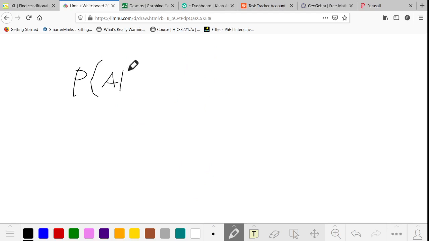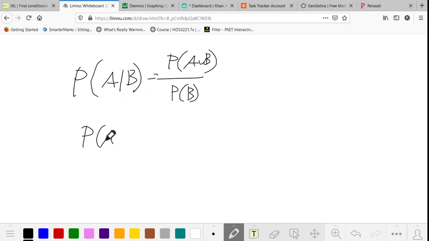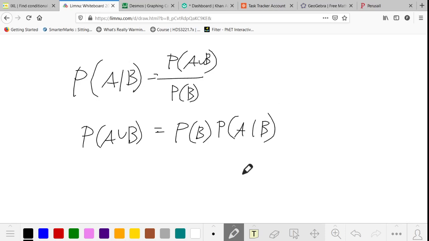The probability of A given B is the probability of A and B over the probability of just B, which means the probability of A and B is the probability of B times the probability of A given B.